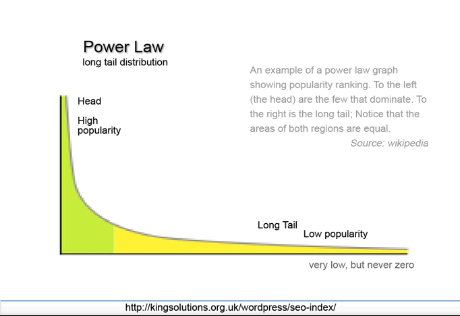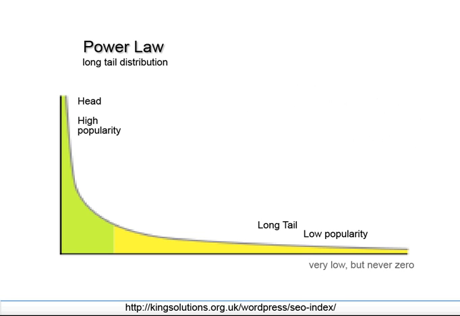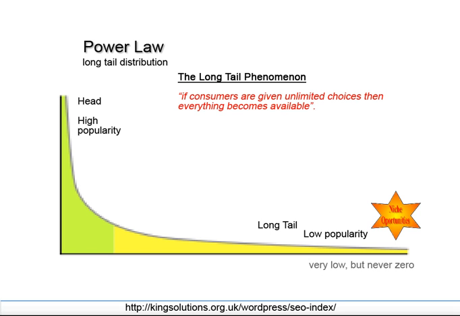The theory behind our current use of the long tail is that our global cultures and economies are increasingly shifting away from a focus on a relatively small number of hits at the head of the demand curve and towards the huge number of niche opportunities in the tail. This is known as the long tail phenomenon, which states, if consumers are given unlimited choices, then everything becomes available.